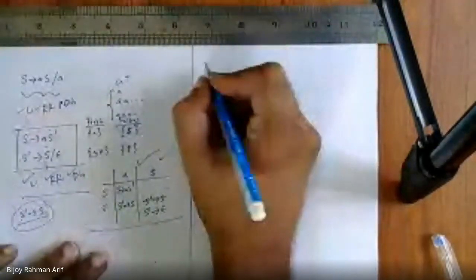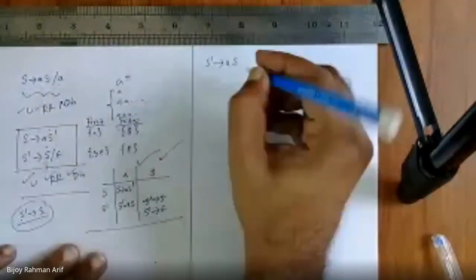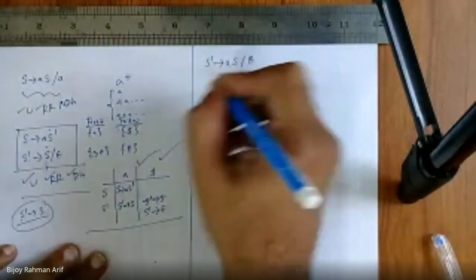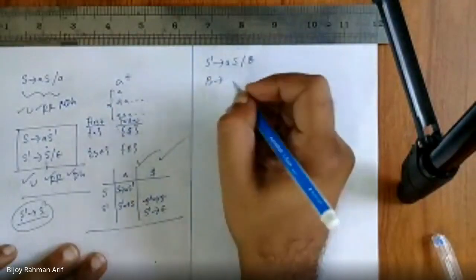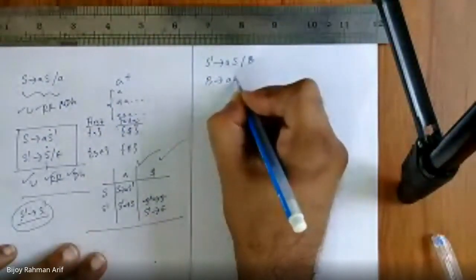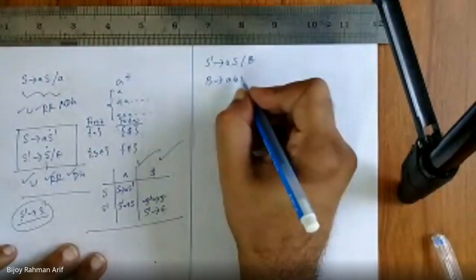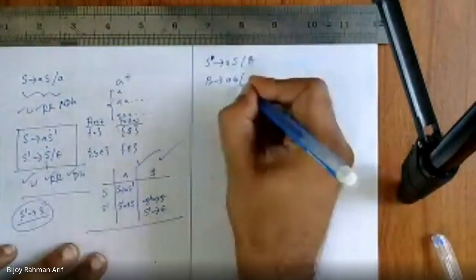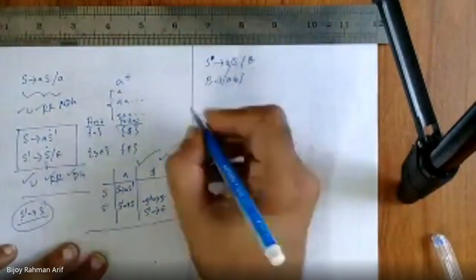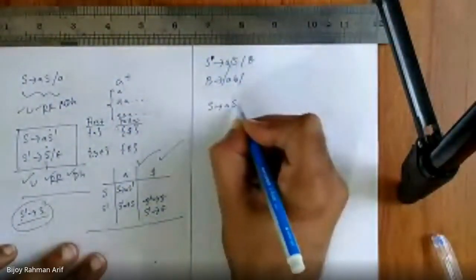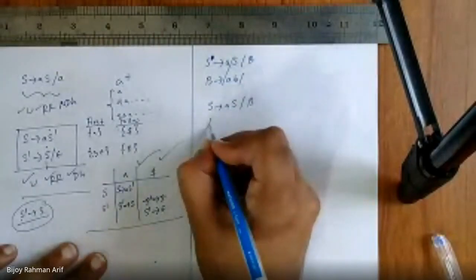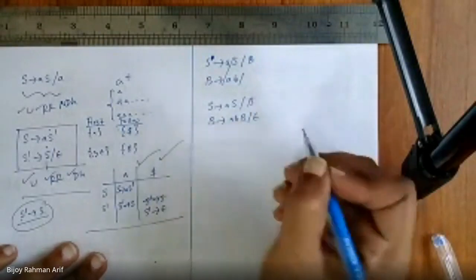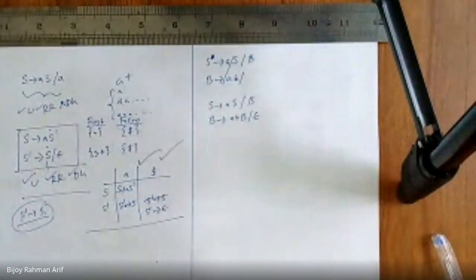Let's take this. S derives AS or B, and B derives AB or S. Let's take this one.